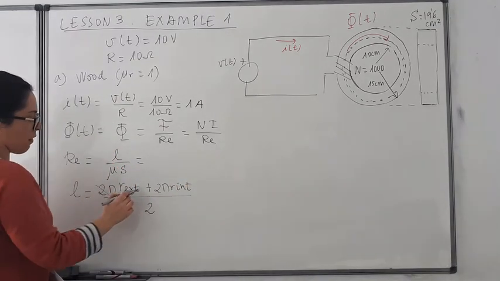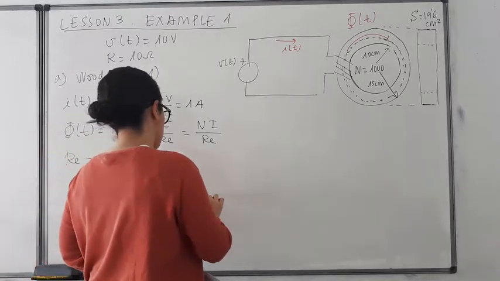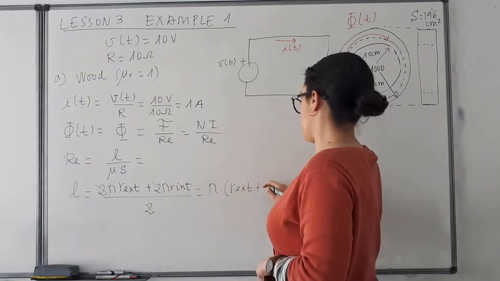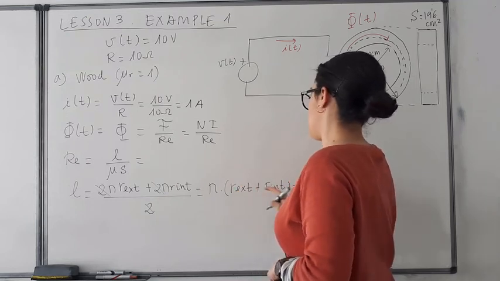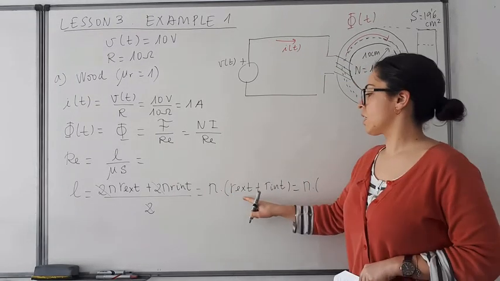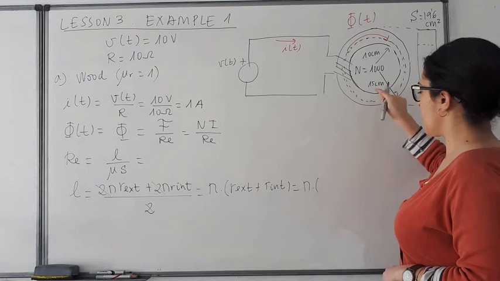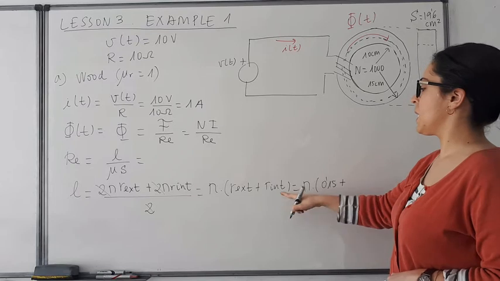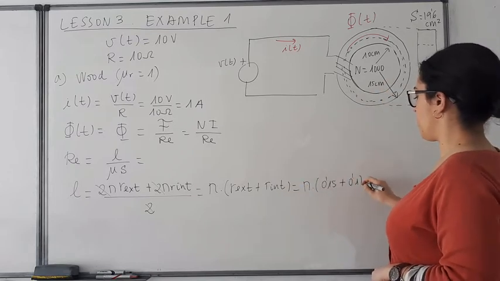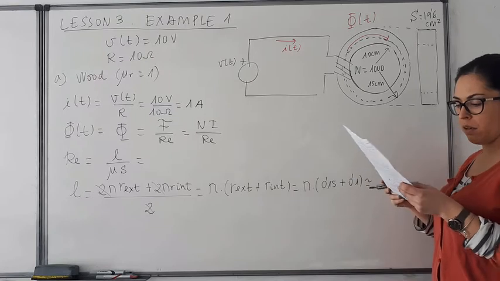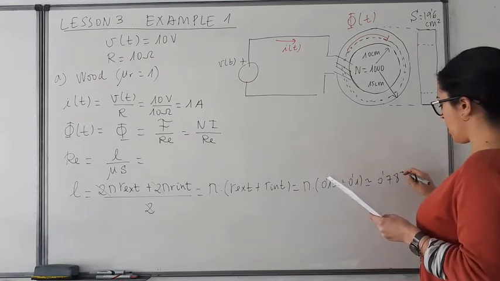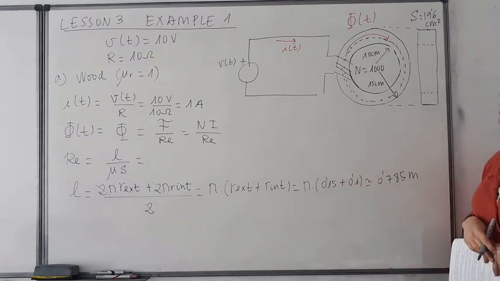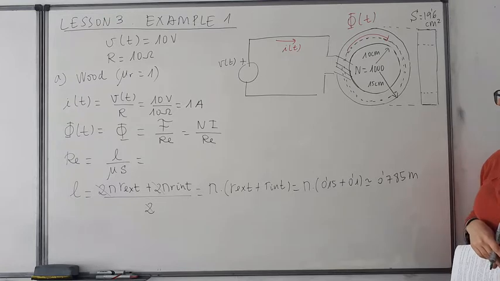As 2 is in the three terms, you can divide by 2. You can multiply pi by the sum of the external plus the internal radius. So it is pi times the external radius, which is 15 centimeters, so 0.15 meters, plus the internal radius, which is 0.1, which gives an approximate value of 0.785 meters.